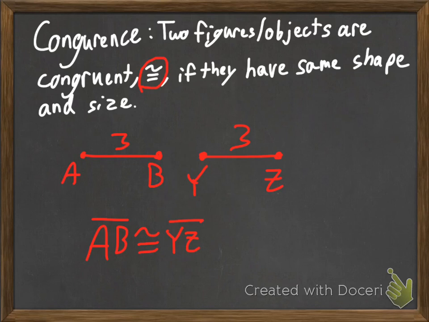So a segment is congruent to a segment. At the same time, we can also say that the length of AB is equal to the length of YZ. So if we have an equal sign, we don't put the figure. So for congruence, they have to have the same shape and same size. Now segments have the same shape, they're just a line from one point to another. And if they have the same size, it means that they're the same length.